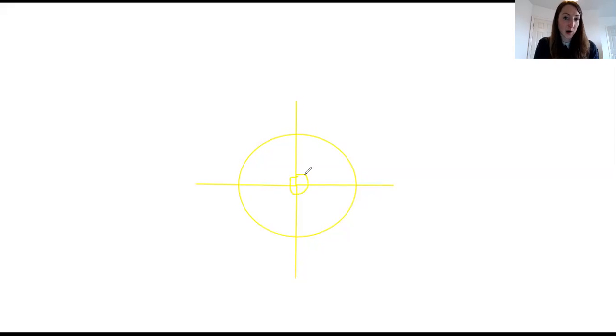Now here we can see that's quite straightforward. We've got a right angle here, which is 90 degrees, a right angle here, which is another 90 degrees, a third right angle, and a fourth right angle. Now, if we do 90 plus 90 plus 90 plus 90, we get 360 degrees.